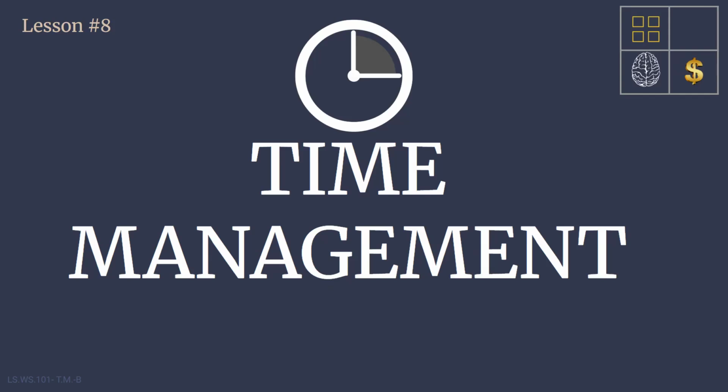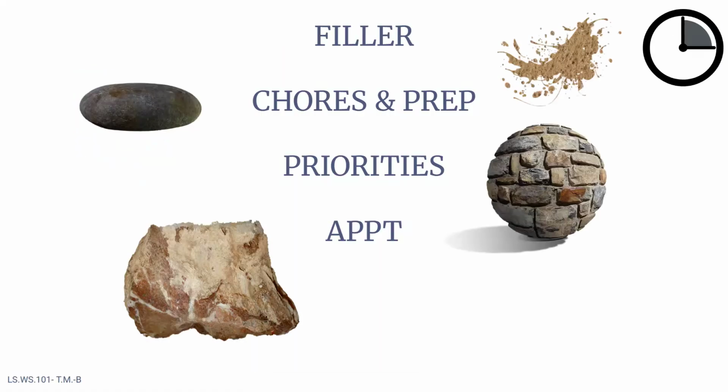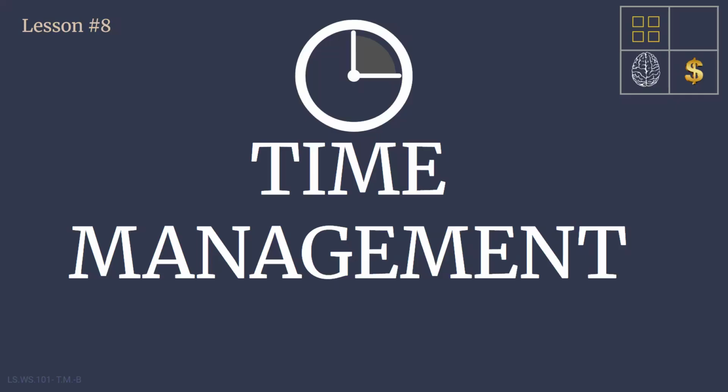So here we go. Time management. This is the other part. In the last part of time management, you did the writings and then you pulled out the roles and the goals and all that kind of stuff. Now we're going to talk about a step-by-step walkthrough of doing a planner.